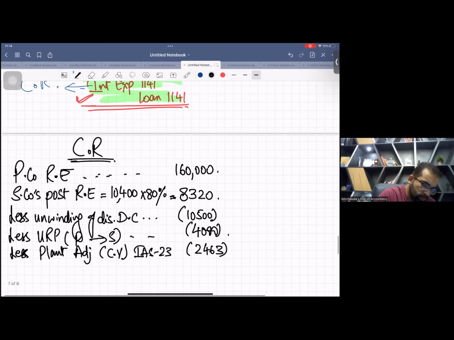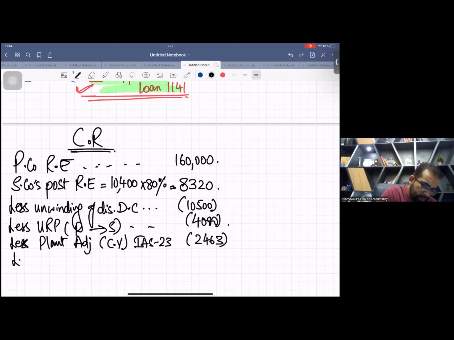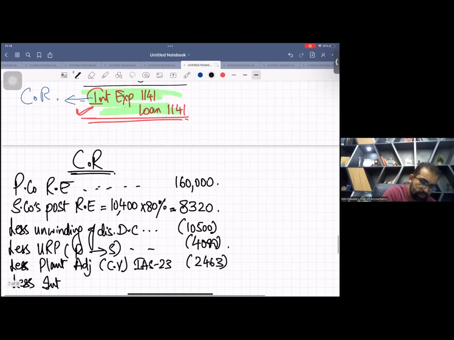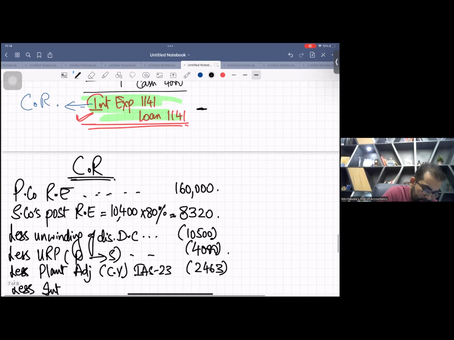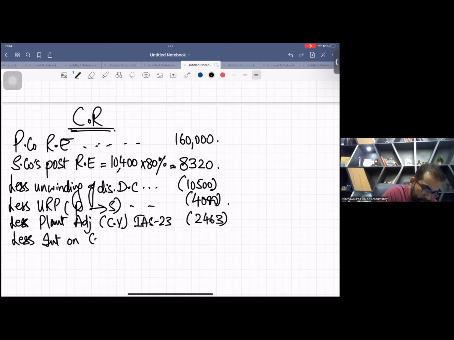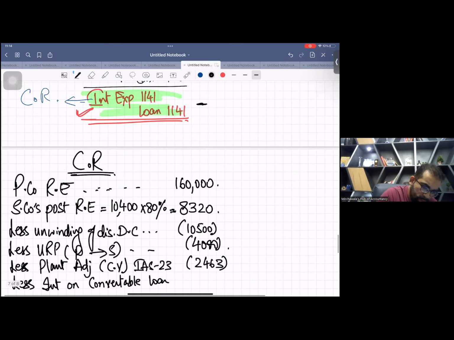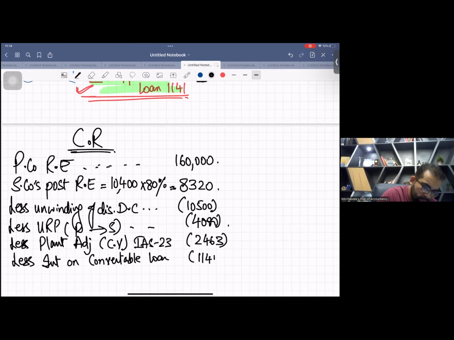Then, my respectable students, less there is interest on convertible loan note. See this one, 1141. Just read it. Look at here. Less interest on convertible loan. This is 1141. Okay.